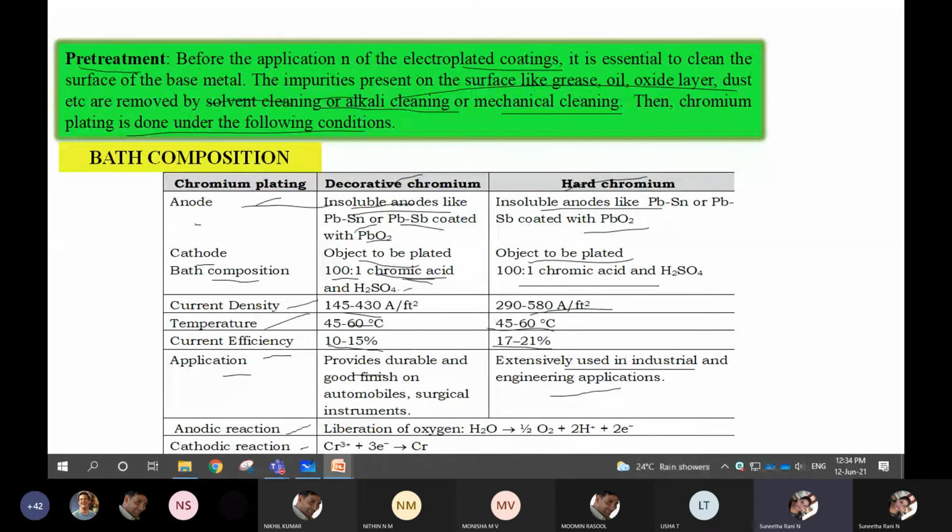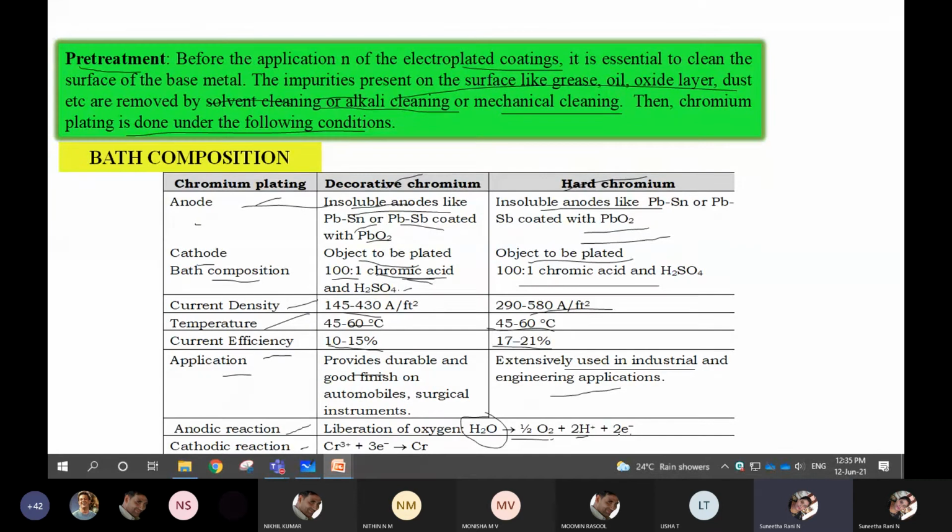So what is the reaction taking place here? The anode is coated with lead oxide. The moisture present in the electrolytic bath solution liberates oxygen, along with H plus ions and electrons.